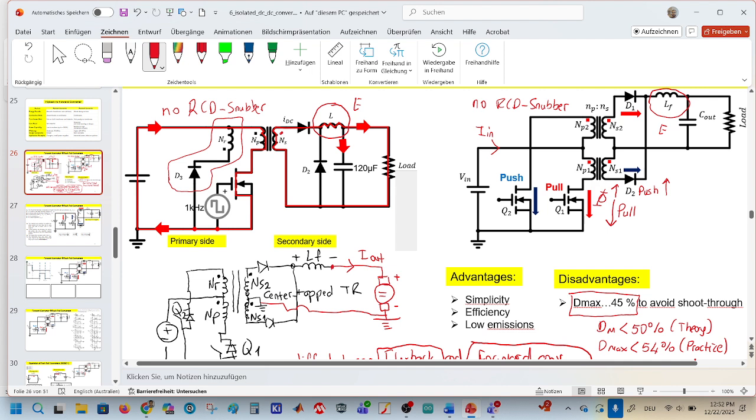The primary side, the windings, consist of two parts, or we can also show our transformer as follows. This is also center tapped, but the input voltage is connected. And on the secondary side, the center is connected to the ground of the secondary side.